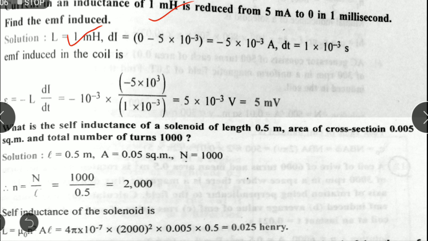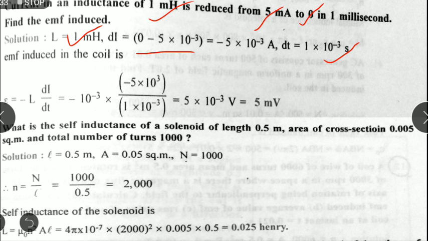L is 1 millihenry. Next, di means final current value minus initial current value. Final current value is 0, initial current value is 5 milliampere, so 0 minus 5 milli, the value is minus 5 milliampere. Then the time interval, the variation of the current, is 1 millisecond.